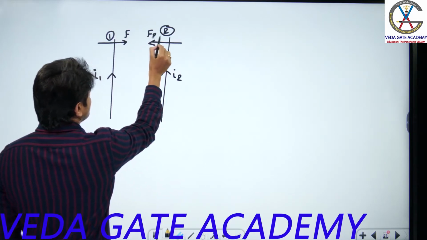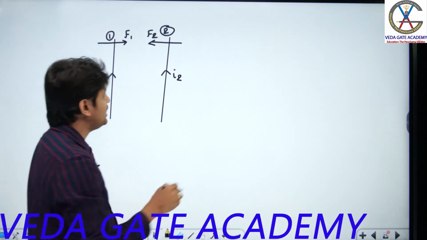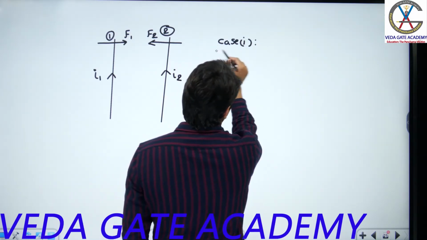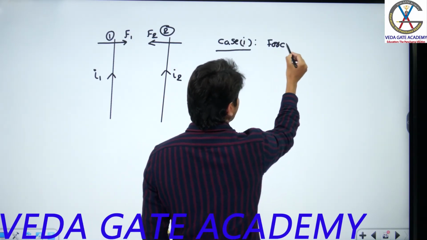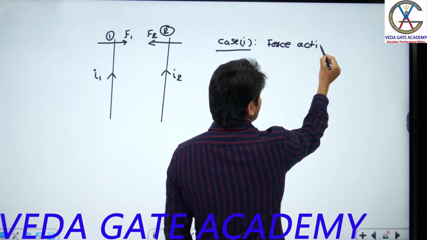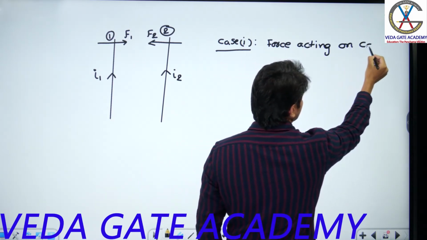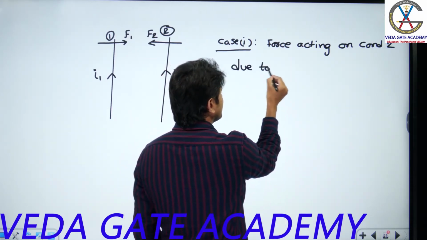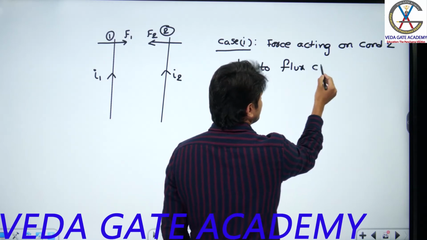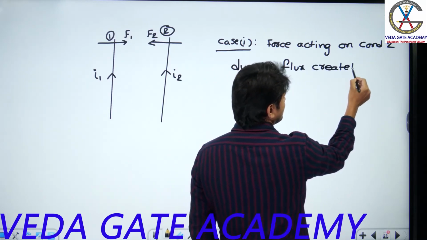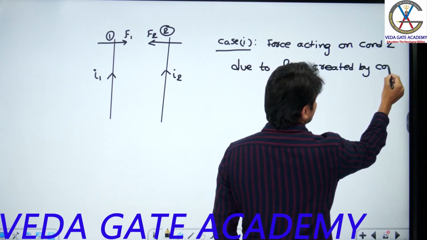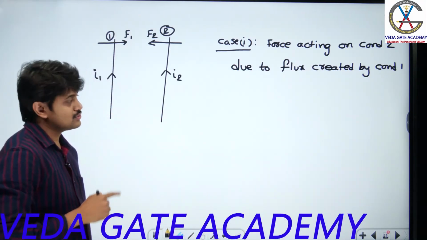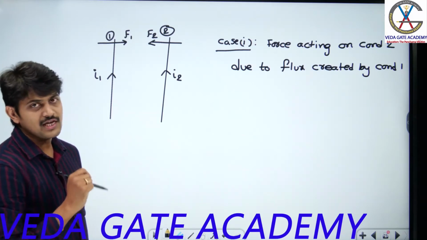Let us assume this is F2 and this is F1. First, in case 1, I am calculating the force acting on conductor 2 due to the flux created by conductor 1. So again, you need to determine the force acting on conductor 2.